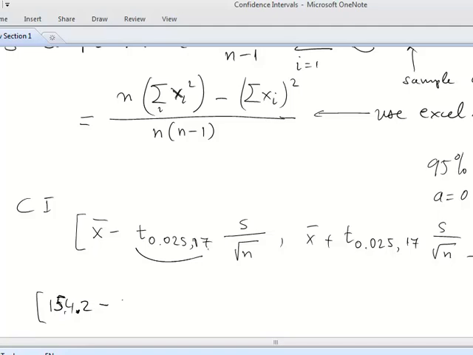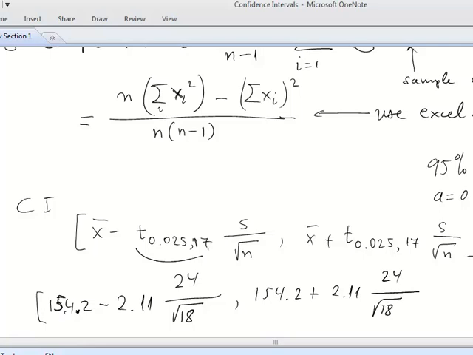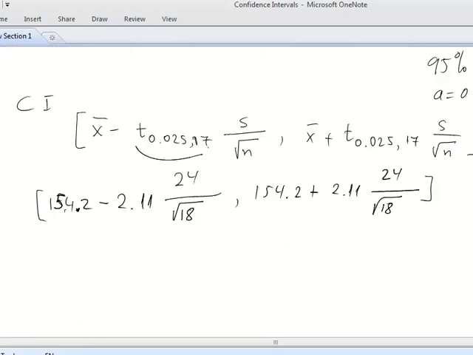So this is 2.11 times 24 divided by the square root of 18, and plus 2.11 times 24 divided by the square root of 18. Let's see what the square root of 18 is, and let's finish the calculations. The square root of 18 is 4.24.